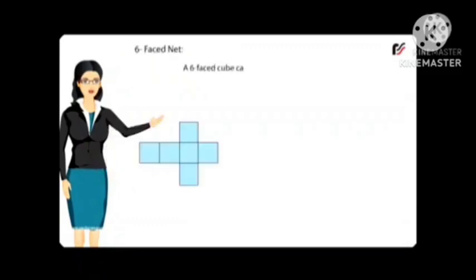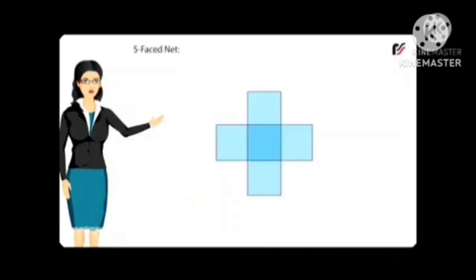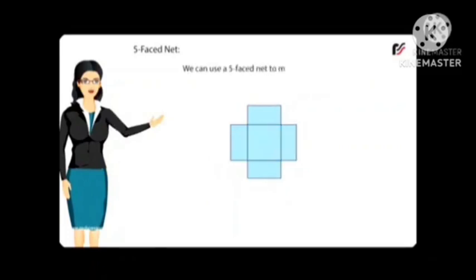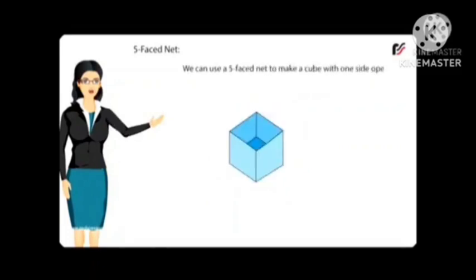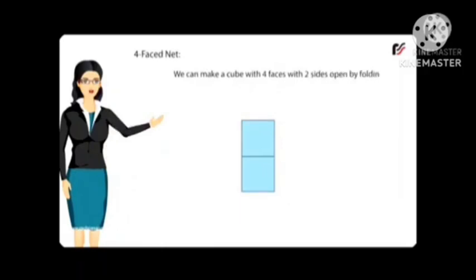A 6-faced cube can be formed by folding the following net. 5-faced net. We can use a 5-faced net to make a cube with one side open. 4-faced net. We can make a cube with 4 faces with 2 sides open by folding the net.